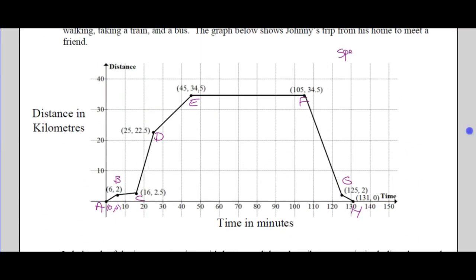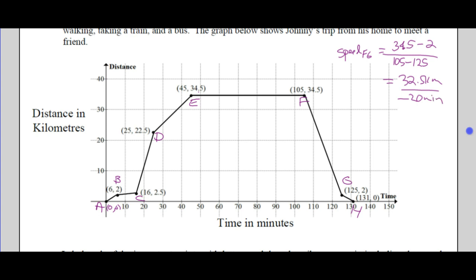So speed from F to G is 34.5 minus 2, so that's the distance, over 105 minus 125. So that's 32.5 kilometers in negative 20 minutes.